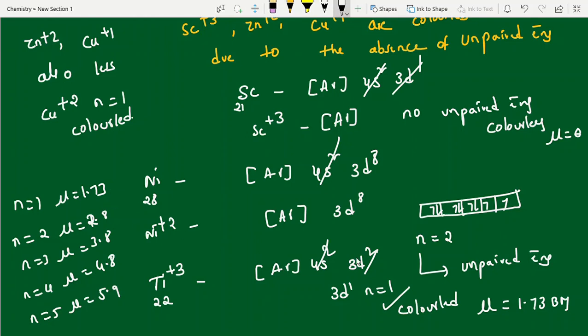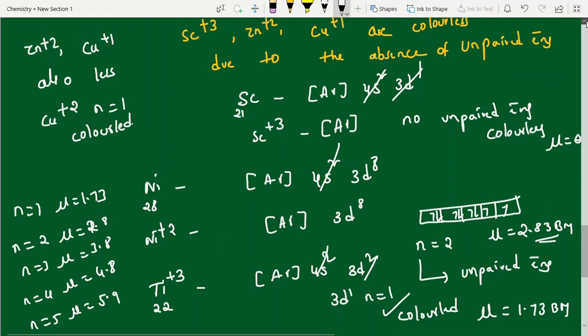That's it. Sometimes they may ask colors, sometimes unpaired electrons, sometimes the magnetic moment value also. Here what is the magnetic moment value? Just 2.83 Bohr magneton. Sometimes they will give the magnetic moment and ask how many unpaired electrons. Sometimes they will give n equal to 2, what is the magnetic moment value? All the questions we can easily work out.